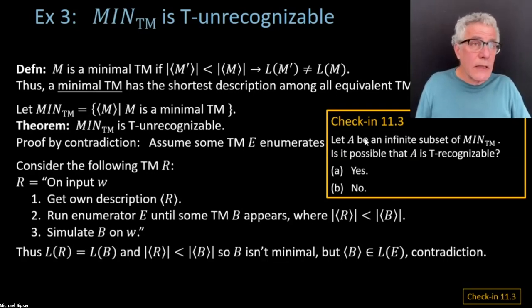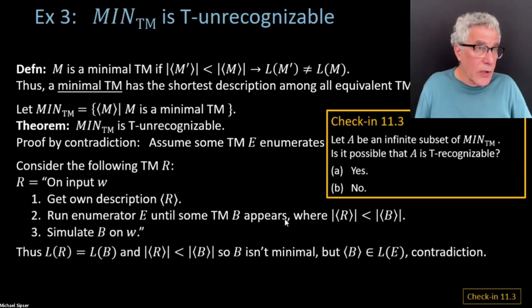So in fact, this proof would still work if the enumerator was enumerating an infinite subset of minimal Turing machines. Because all you need is to wait until one that's bigger than you appears.